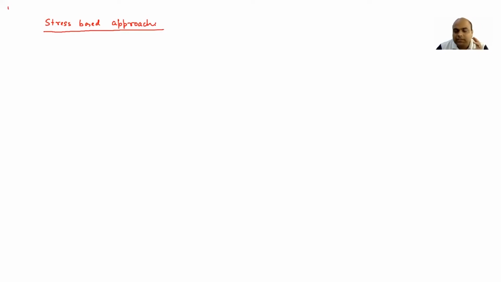So let's first understand what we mean by stress concentration. So let me draw a plate. And then I'm drawing some imaginary lines. We have the applied stress as sigma.